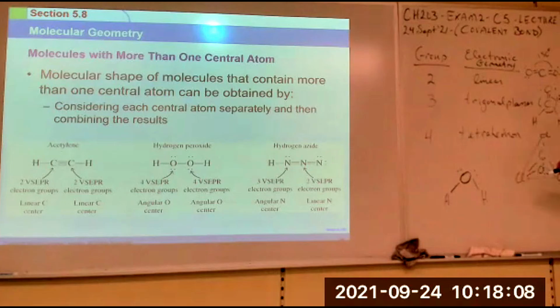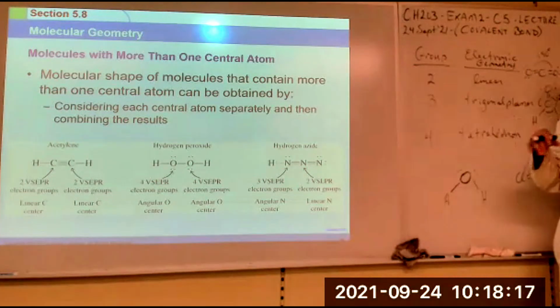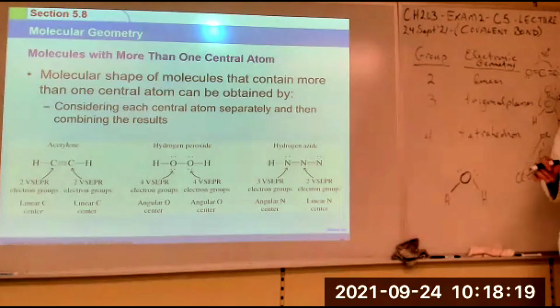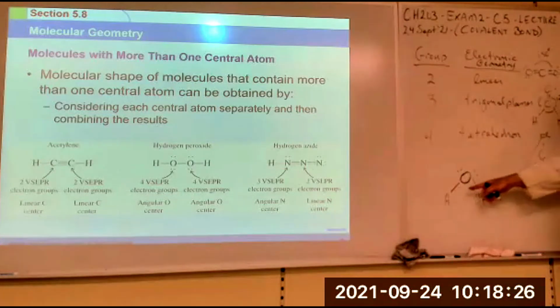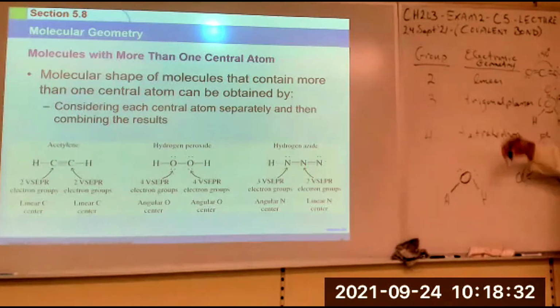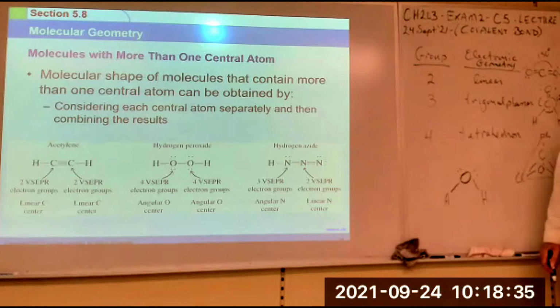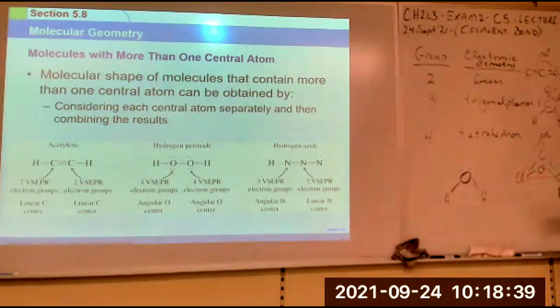But notice, with a tetrahedron, if we put a lone pair up here and here, then if you disregard the lone pairs, you're actually now talking about the molecular geometry. If you disregard the lone pairs, the molecular geometry now is bent. Because in reality, you don't see those lone pairs. Right? You just see the atoms and they're bonded.